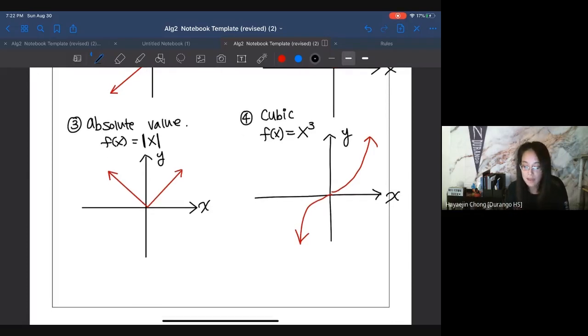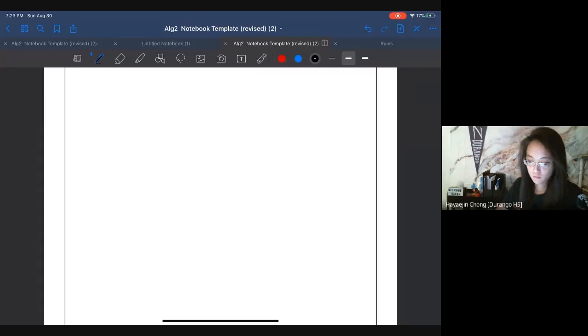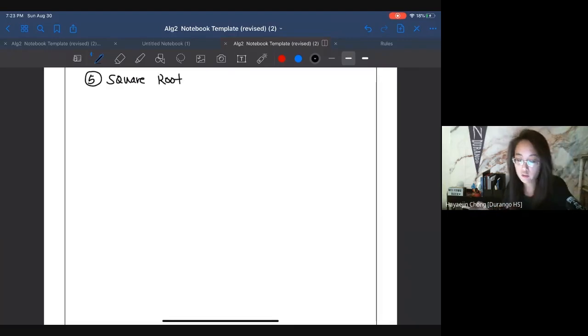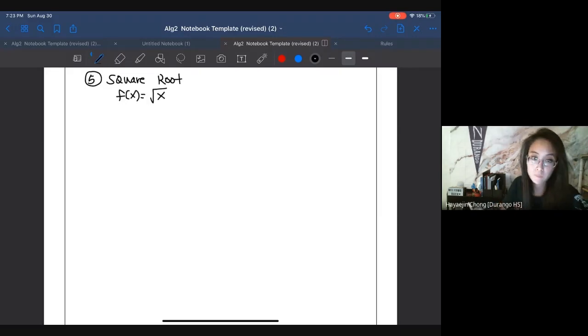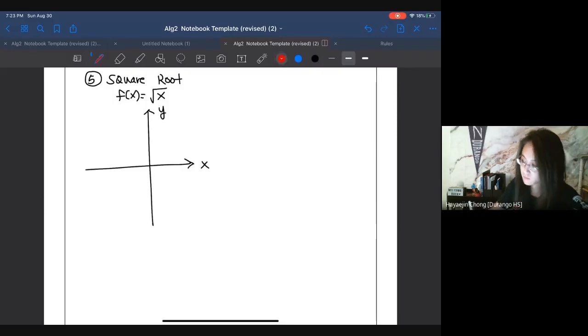Okay. And then lastly, I don't have enough space. Okay, so the last one, we're on number 5, right? Square root functions. You guys know square root looks like that. And they also have a graph, let's say y and x. And it looks like this. So this is another parent function.